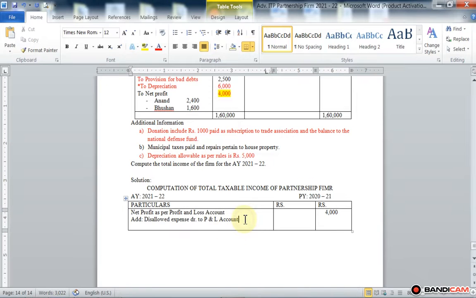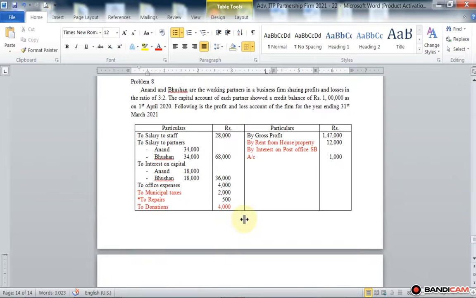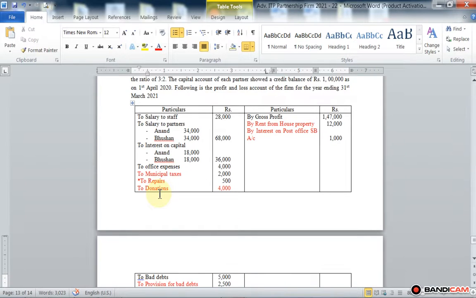So here we identify the expenses, that is municipal tax, one by one.